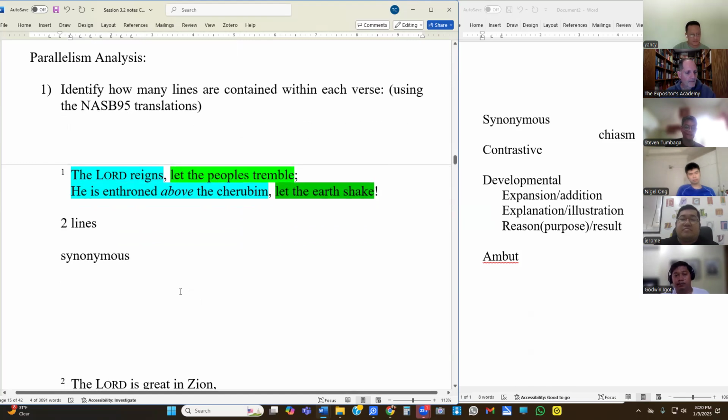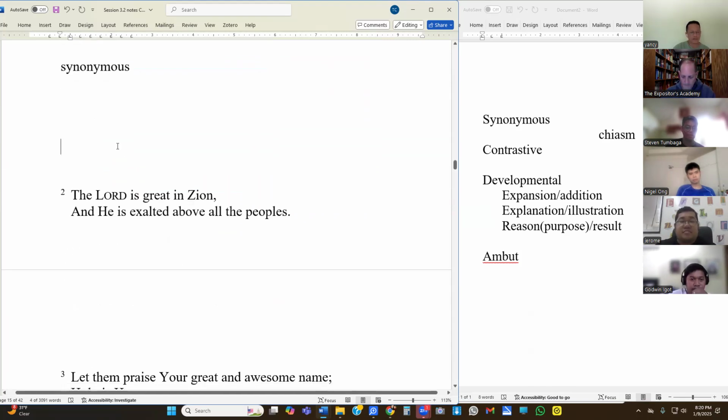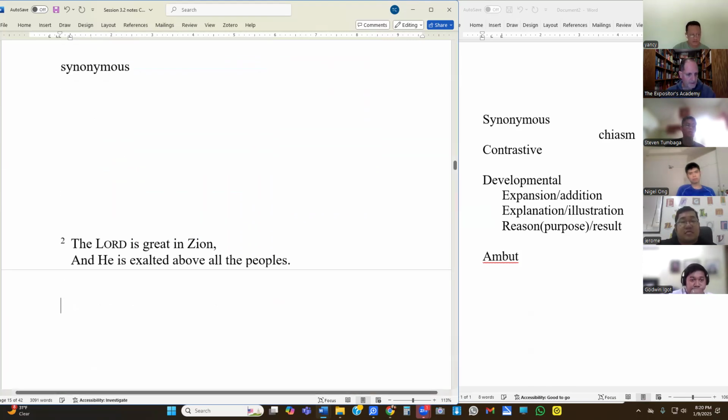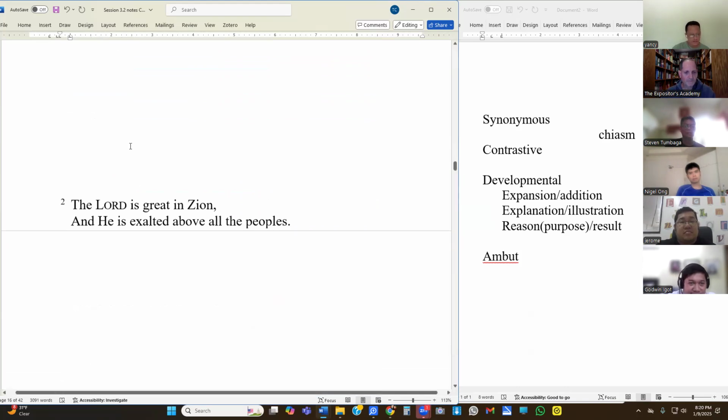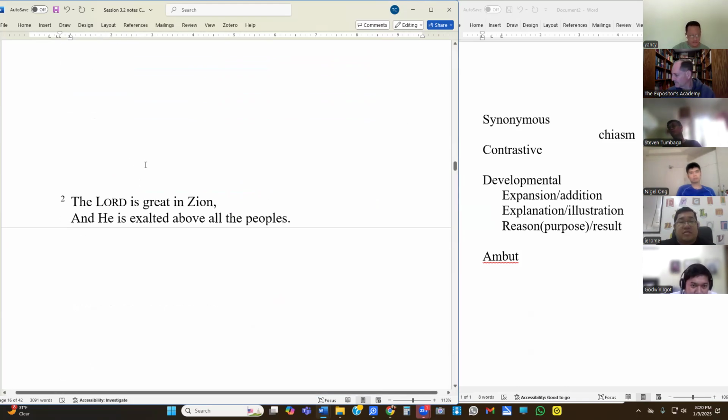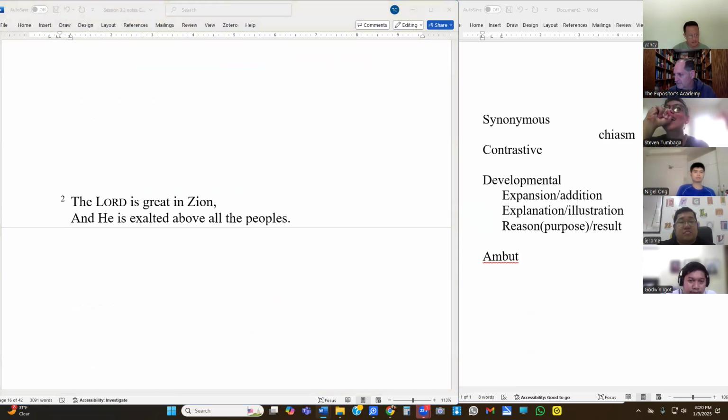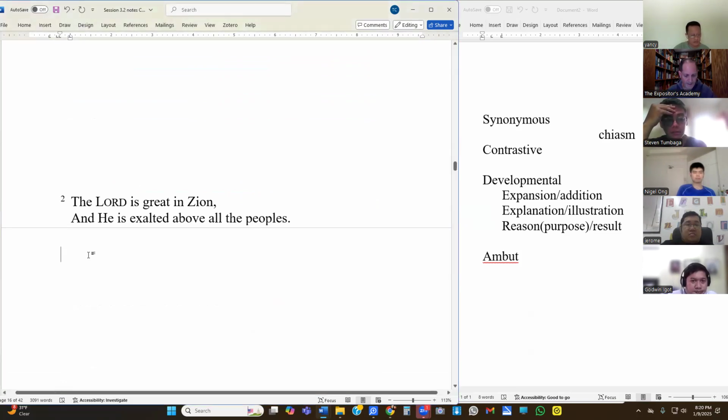Godwin, good morning to you. I'm going to give you the second verse here. The Lord is great in Zion and is exalted above all the peoples. Two lines. Now let's check that, because that's what the New American Standard has.